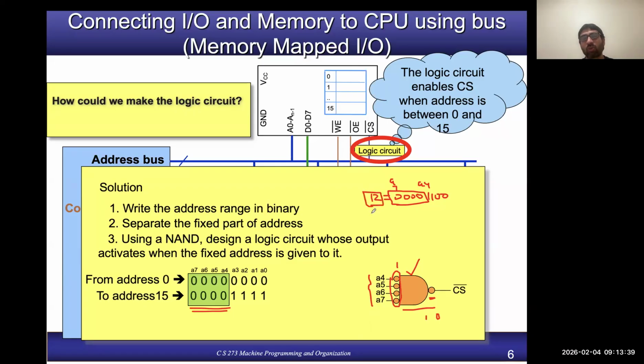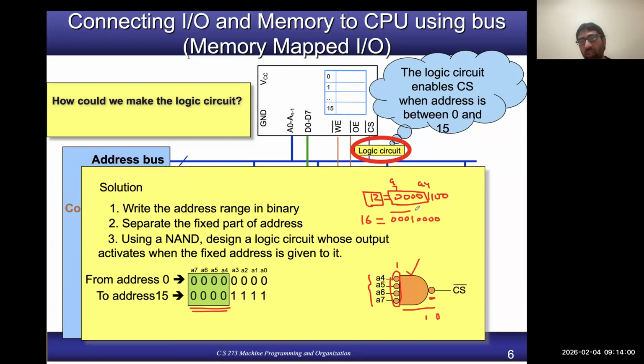Now let's select an address which is not in the range, for example 16. What is the 8-bit binary of 16? It is 0, 0, 0, 1, 0, 0, 0, 0.